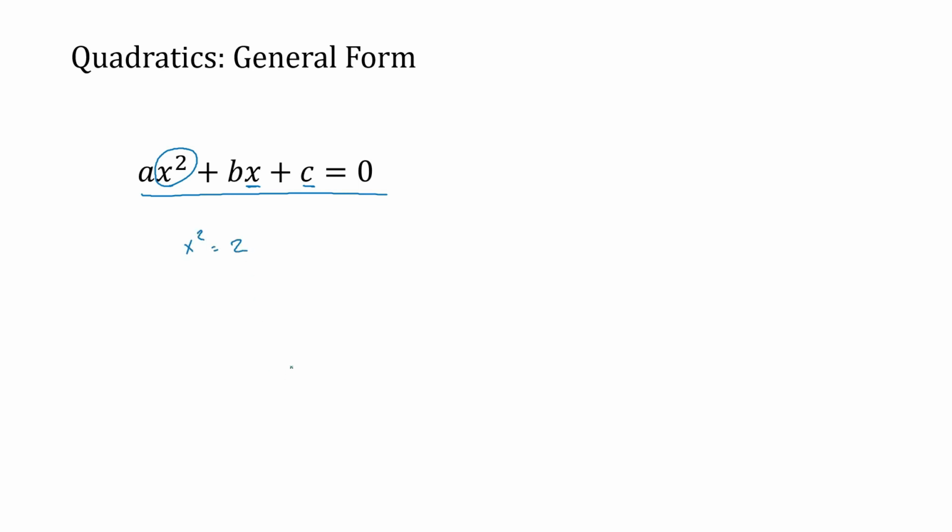That's perfectly fine. You can have a quadratic that is x squared plus 3x is equal to 0. That's perfectly fine. So you do not have to have an x term or a constant term, but very often you will.